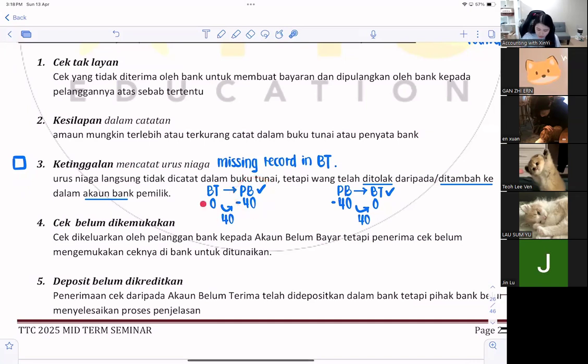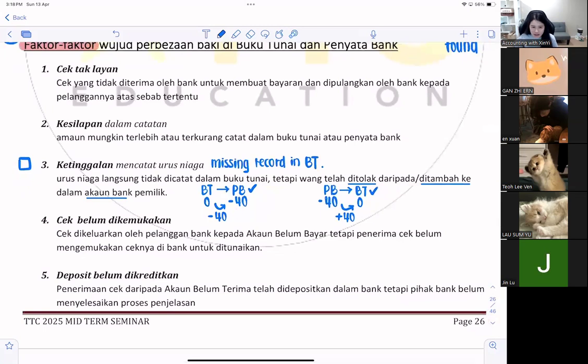In order to go from 0 to negative 40, I have to follow negative 40. But if you want to make negative 40 into 0, then the method to undo it is to plus. So the only thing that matters here is whether you should plus or minus the number. It goes by who is the correct version that you want to follow. So that is our first factor, ketinggalan, missing record.